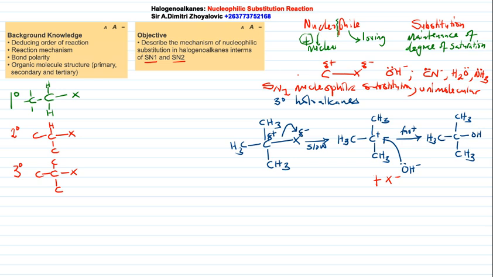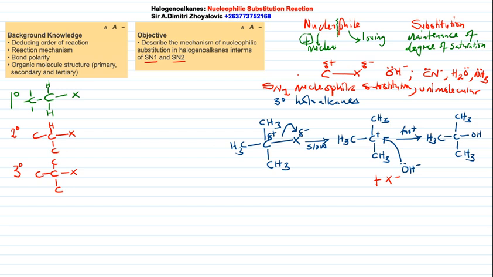Looking at the first step, which is the rate determining step, we only have one molecule participating in it. Only the species participating in the slowest step will appear in the rate equation.